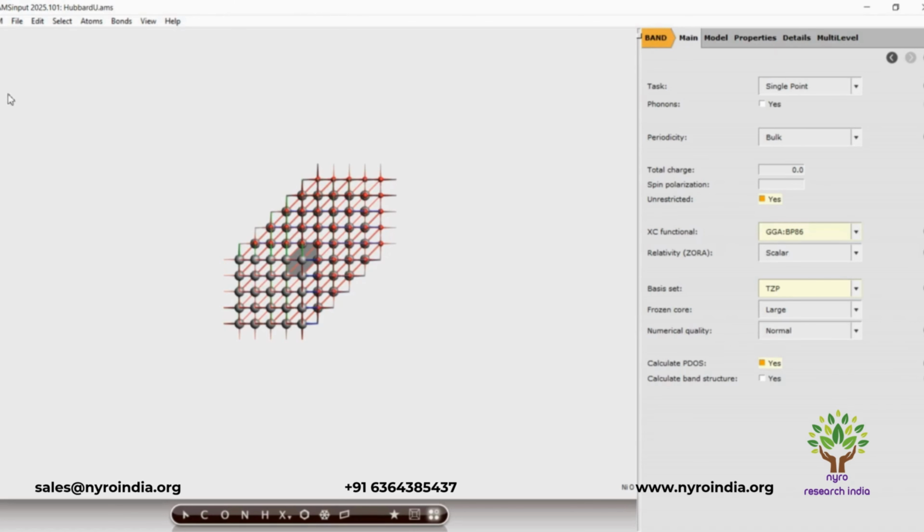In this typical example, I have taken nickel oxide, a metal oxide. In this context, we can implement it through AMS BAND, which is a periodic DFT module within this suite. The DFT+U method is implemented to handle such strongly correlated materials, as I discussed, like metal oxides.